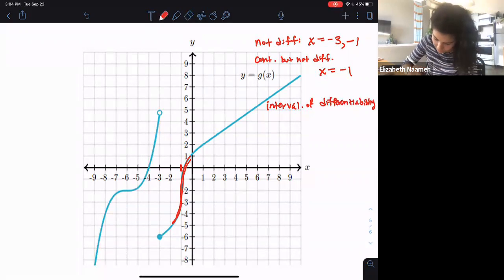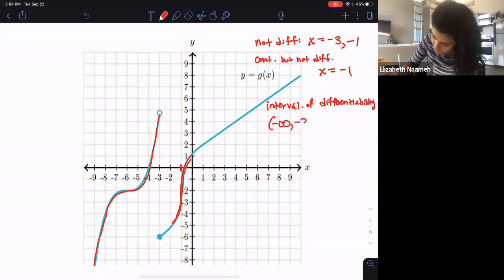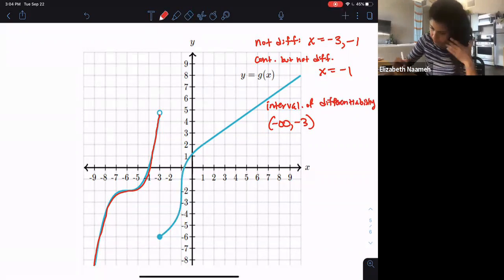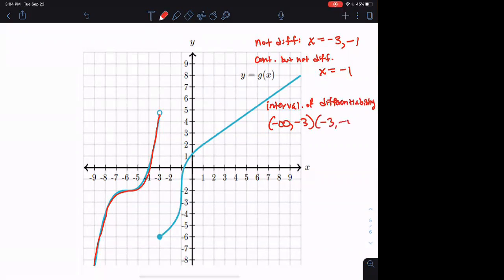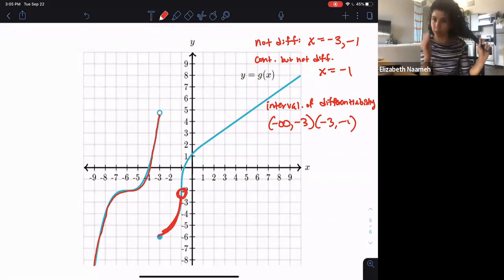So isn't this differentiable everywhere that I've highlighted so far? Until -3. So the interval of differentiability is -∞ to -3. Okay, what's my next interval? -3 to -1. Very good. Between -3 up to -1, it's differentiable there. But at -1, it's not differentiable. We have a vertical tangent.